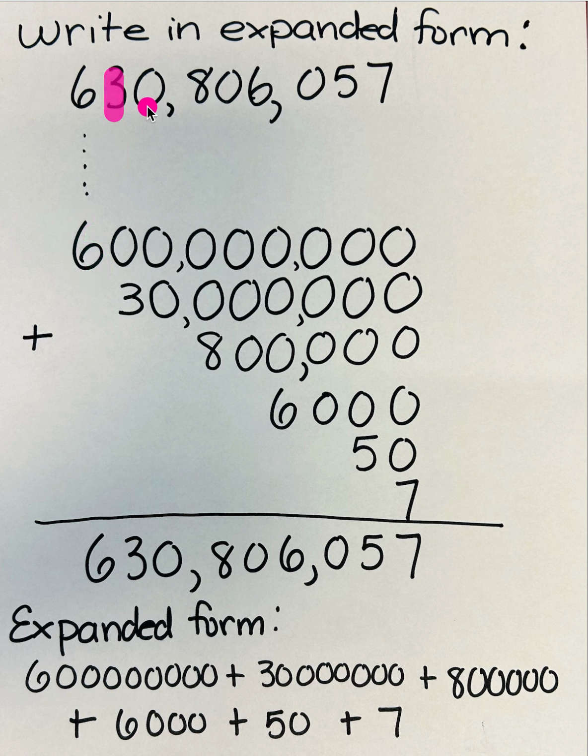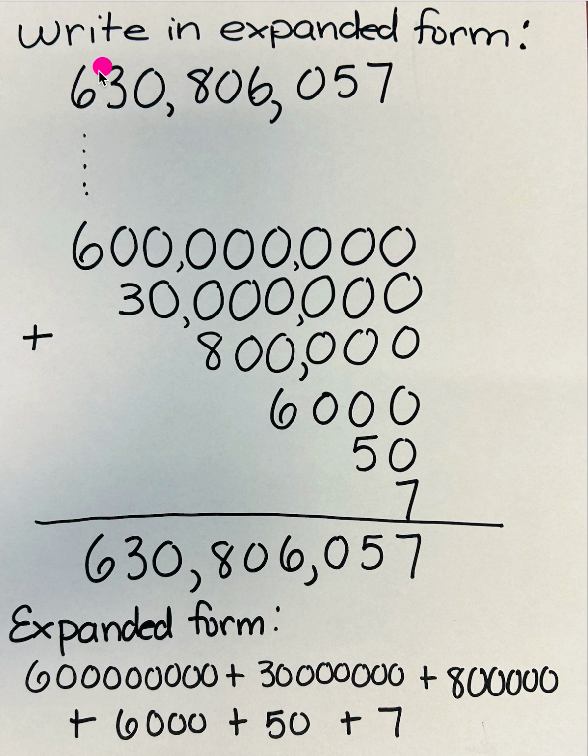And however many spaces I have to the right of it, I'm going to count. So I have 1, 2, 3, 4, 5, 6, 7, 8 places to the right of the 6, which means I'm going to have 8 zeros here. So 1, 2, 3, 4, 5, 6, 7, 8.